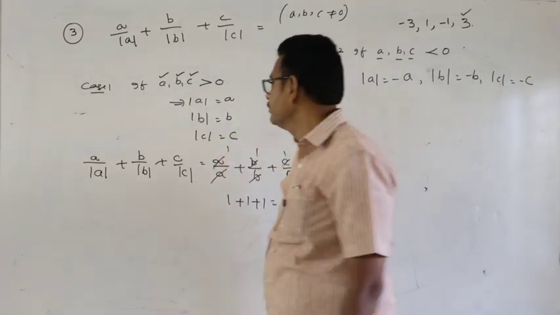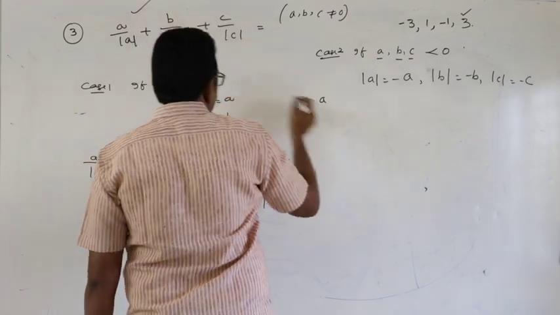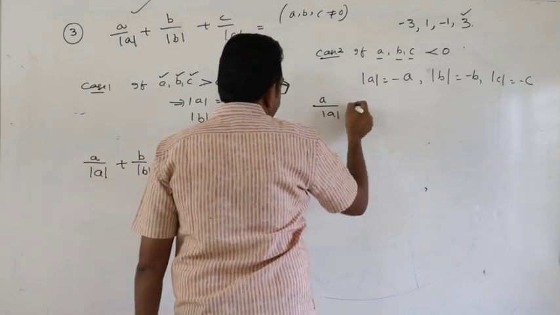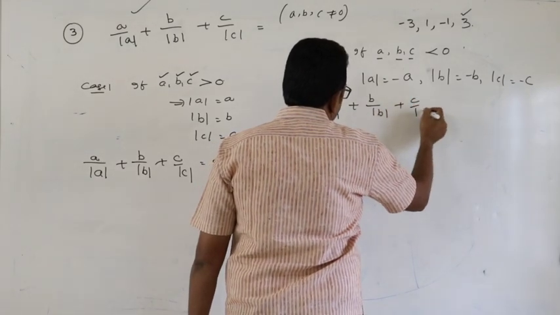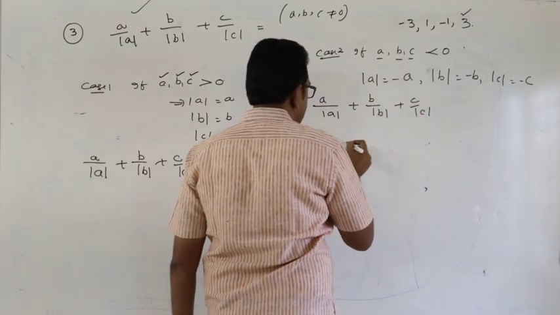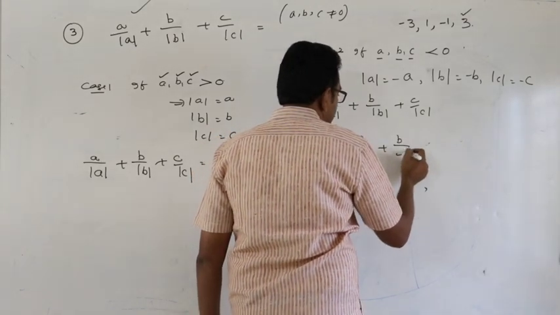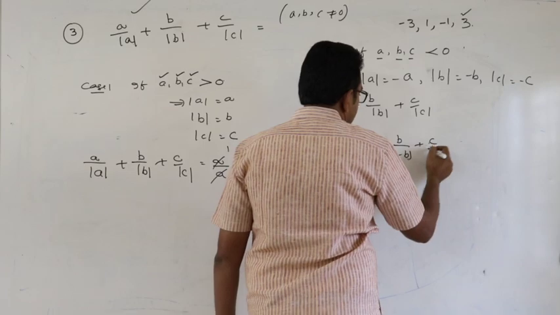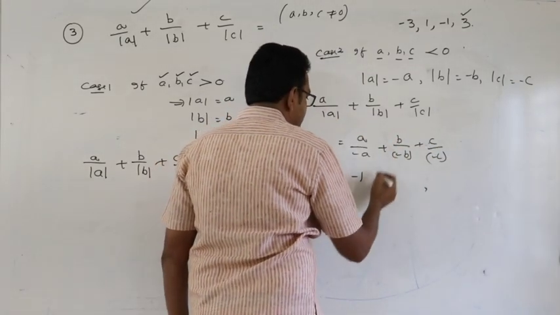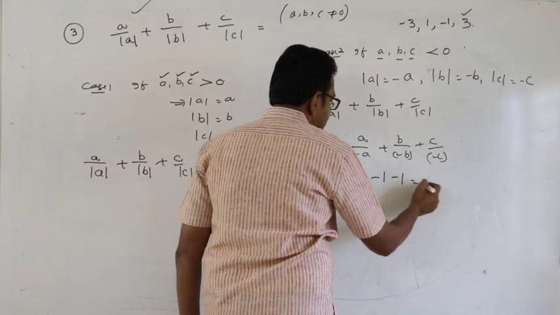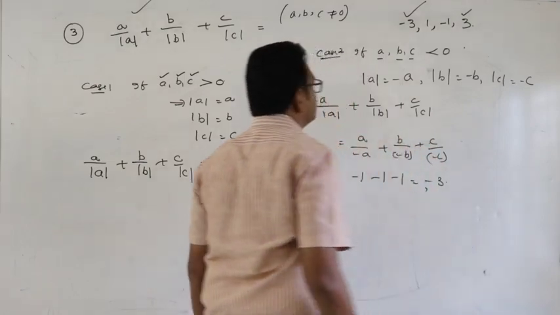Now the given problem is A by mod A plus B by mod B plus C by mod C, equal to A by minus A plus B by minus B plus C by minus C. A gets cancelled, minus 1, B cancelled, minus 1, that is equal to minus 3. So, this is also correct.